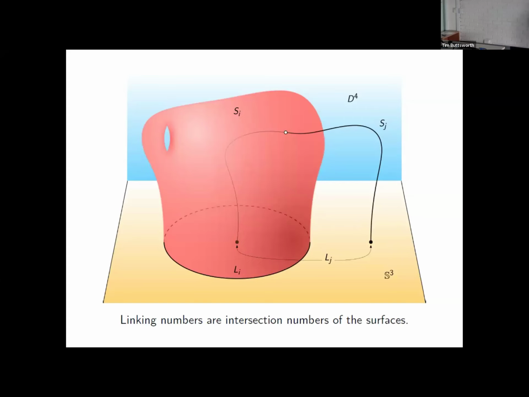So you can imagine, downstairs, in this picture, most of Lj is sort of coming out in the fourth dimension, right? And so these things come out and link, and then the associated surfaces, that's exactly where I'm going to get an intersection of the associated surfaces.